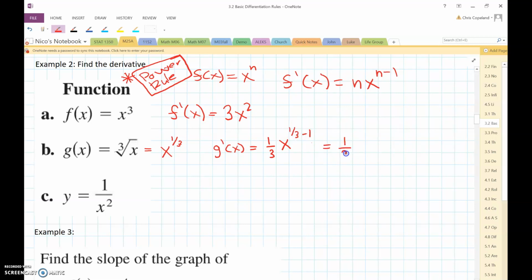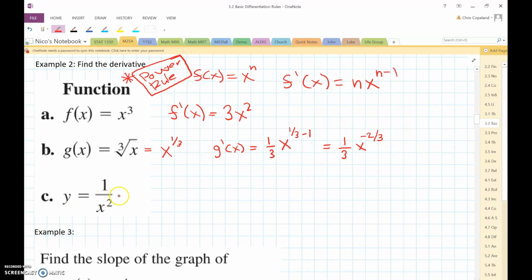Well, we know 1/3 minus 1 would be negative 2/3. And this would be fine. You can leave your answers like that. Totally fine with that for calculus.